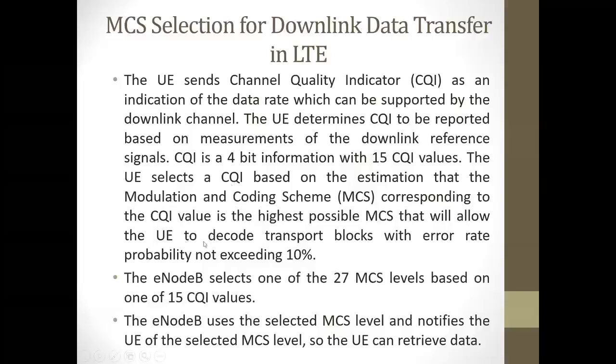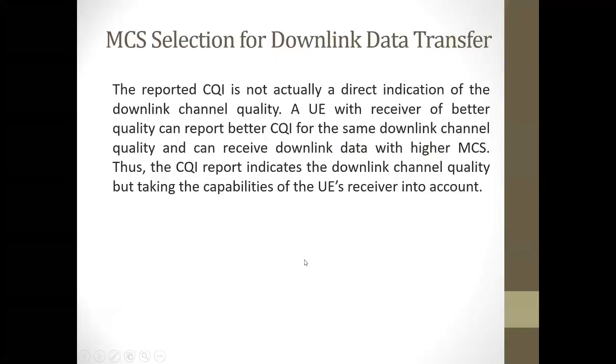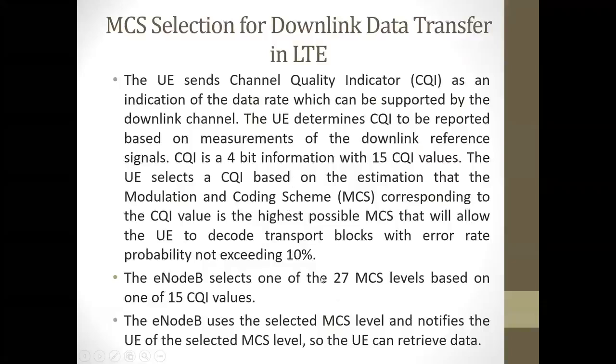So it suggests some CQI so that the error rate does not exceed 10%. If your receiver is better, then it suggests a better CQI, because it can reduce the error with different technologies, keeping the error within 10%.